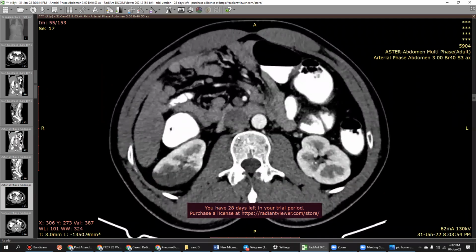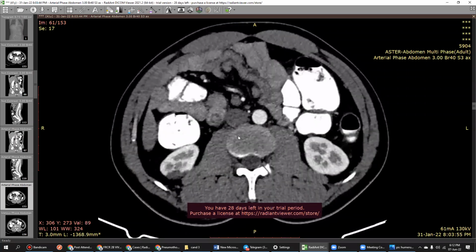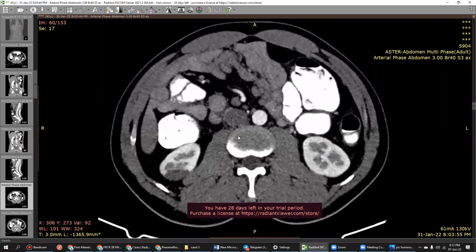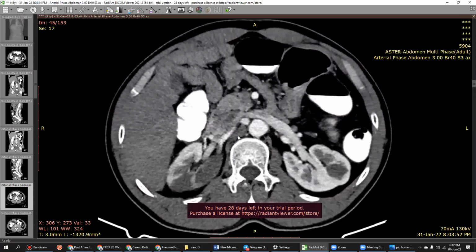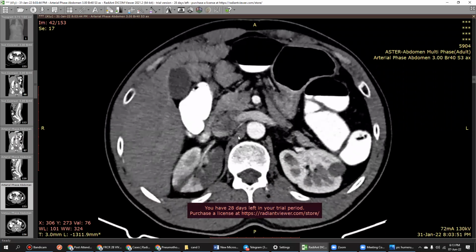I am tracing it now. It appears cortical. I will check the renal artery. The renal artery appears to be okay.